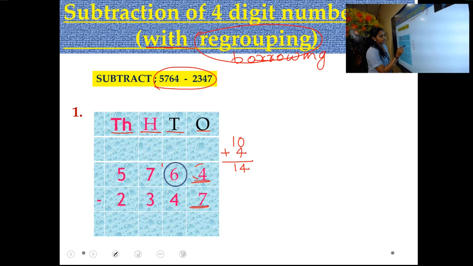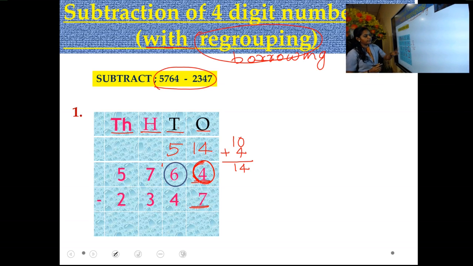So, our new number became 14 here. I circle the number here. So, we borrowed from 6. So, 6 became 5, 1 down. Okay.